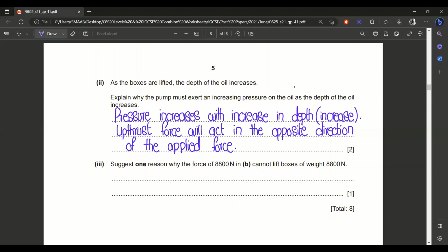And the final part of this question suggests one reason why the force of 8800 Newton in B cannot lift boxes of weight of 8800 Newton. So they are talking about they are not able to lift the boxes.